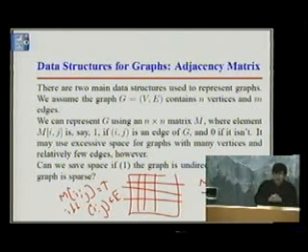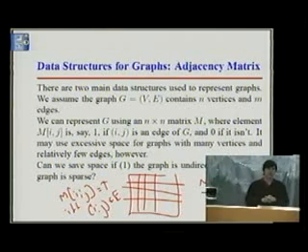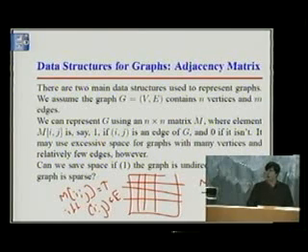Is this a good data structure or a bad data structure for representing a graph? The answer is it depends. That's usually the right answer to most of these questions. Okay? Let's say you think we could do well with representing a graph in an adjacency matrix. What kind of things can we do well with that? If you have a lot of edges, what's the maximum number of edges you can have in a graph on n vertices?